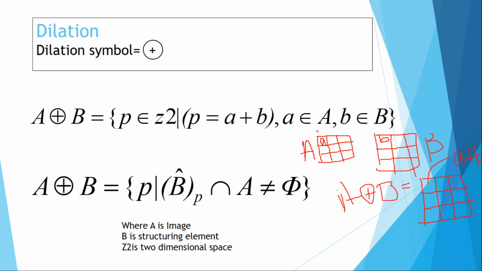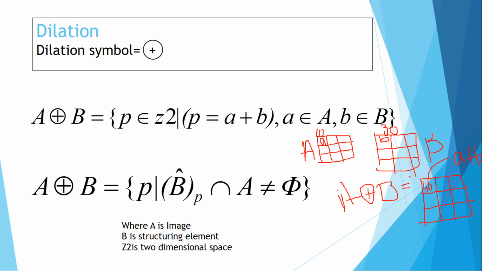Take a simple example: if the pixel of A is 30 and the pixel of B is 10, then 30 plus 10 gives 40. The resultant dilated image has the pixel value 40.